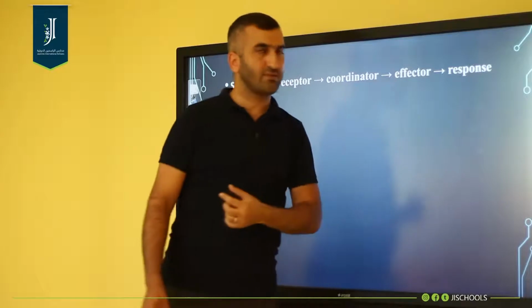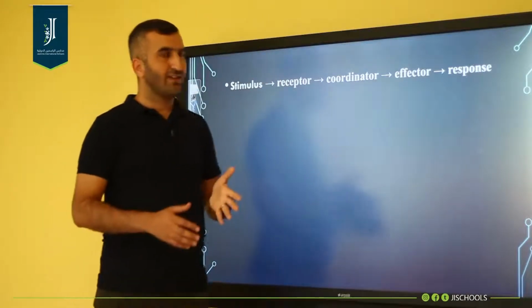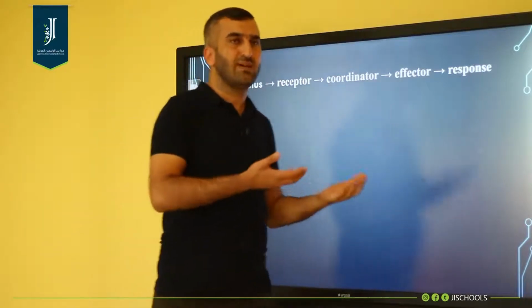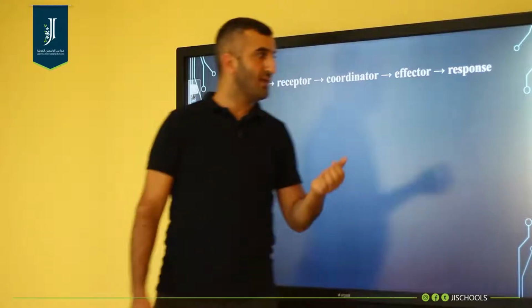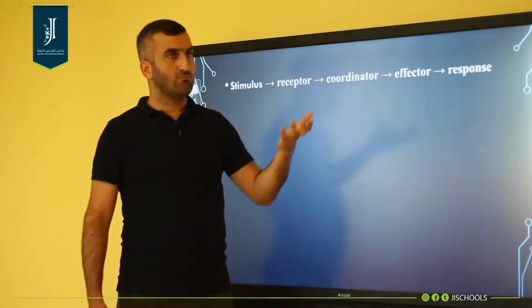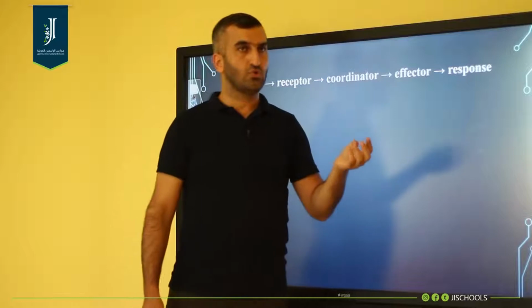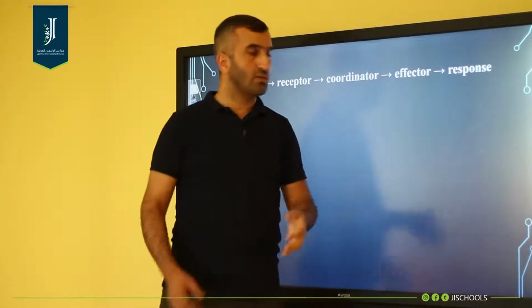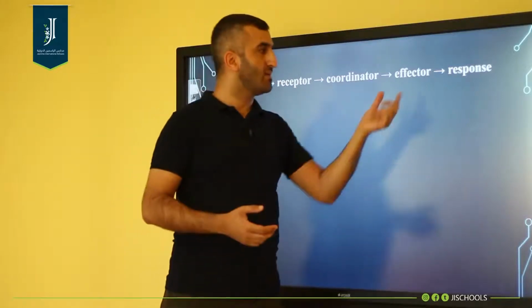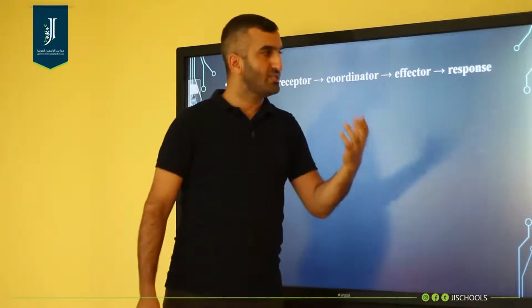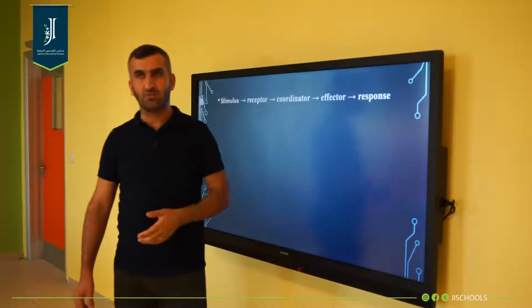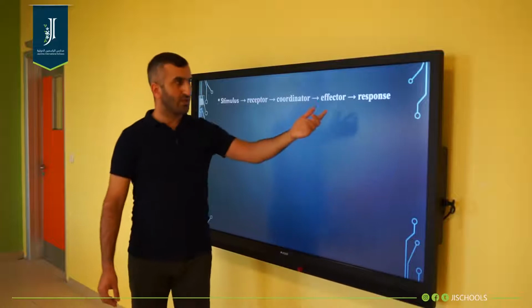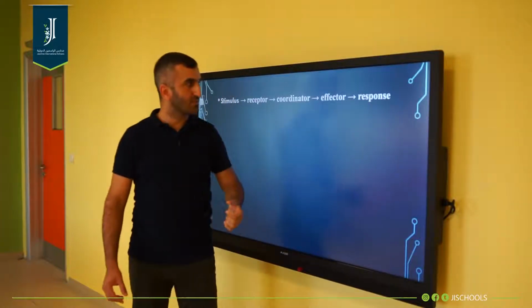The effector is the next step. The effector is not necessarily the same as the sense organ. Usually, the effector is a gland or a muscle. The brain can send a signal to the effector so that the effector will give an action, will make a response at the end. So the last step is the response.